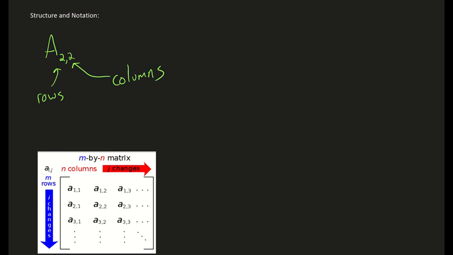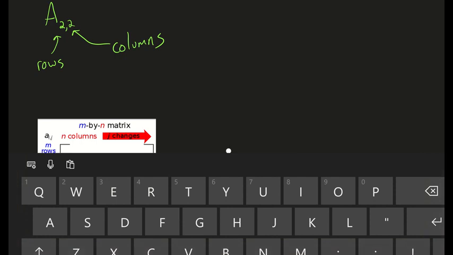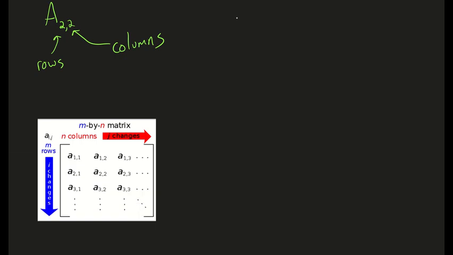All right. And for each individual location, we have 1, 1 is this section, this term is in the first row, first column. This 1, 2 is in the first row, second column. So we've got rows by columns.